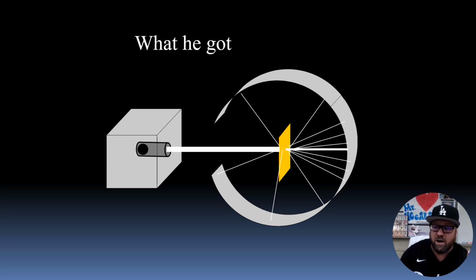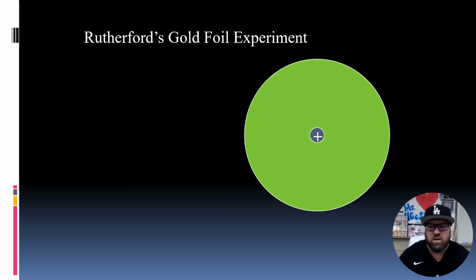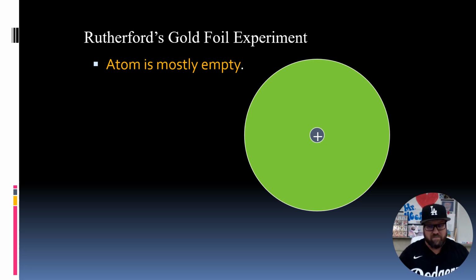Now, let's talk about what he discovered from these revelations in his data. So, what did Rutherford's data in the gold foil experiment lead him to conclude? Still, and this was like part of Thomson, so Thomson wasn't completely destroyed, he found that the atom is mostly empty space. And that still holds today.